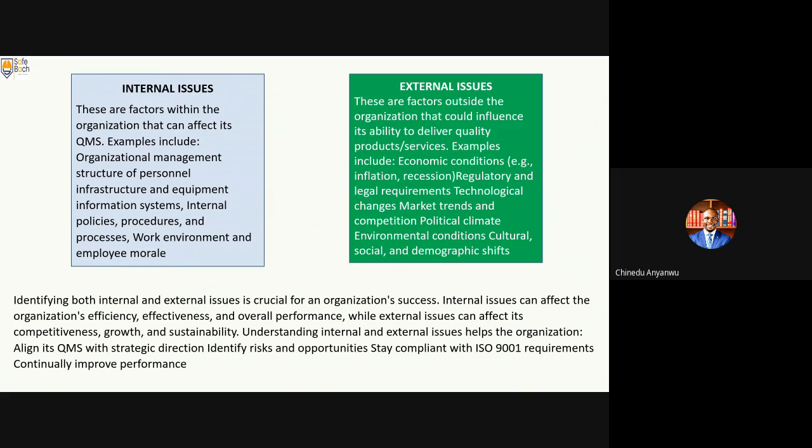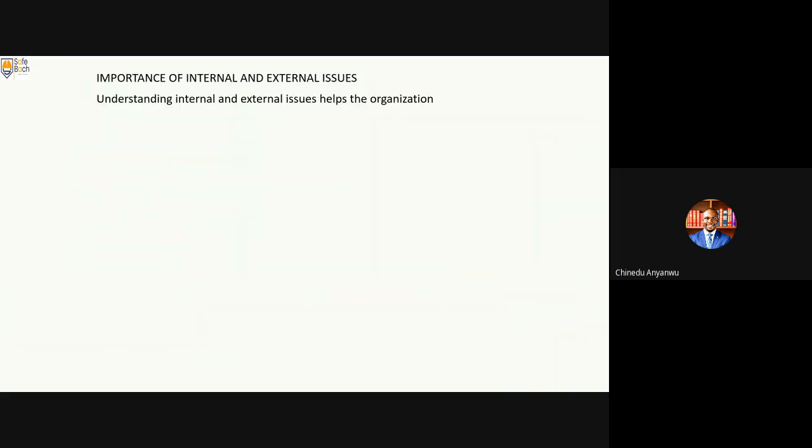Therefore, understanding internal and external issues helps an organization to align its quality management system with its strategic direction, to identify risks and opportunities, and stay compliant with the requirements of ISO 9001, and it also helps for continual improvement. Remember, for you to be certified to ISO 9001, you must meet all the requirements of clause 4 to clause 10.